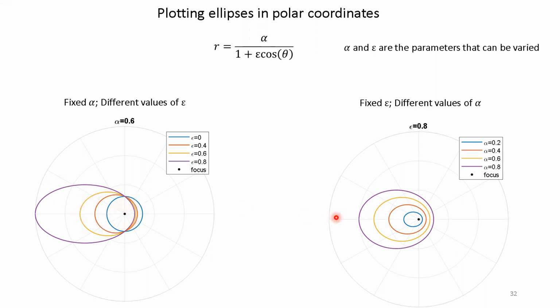On the other hand, if I fix the epsilon but change the value of alpha, what you can see is that you are getting bigger and bigger ellipses. But the aspect ratios are all actually the same, just the overall shape getting bigger and bigger.